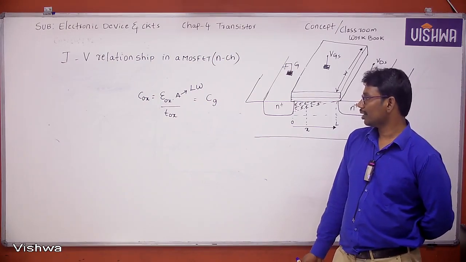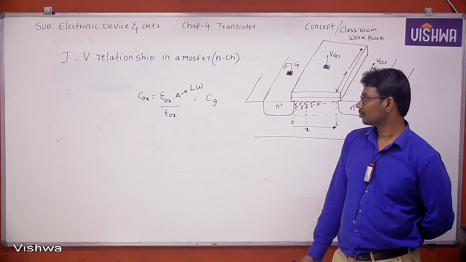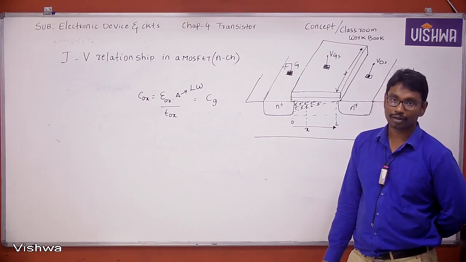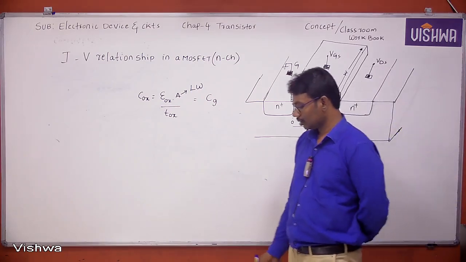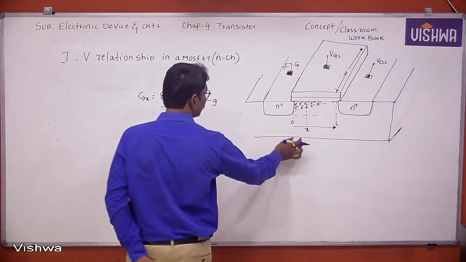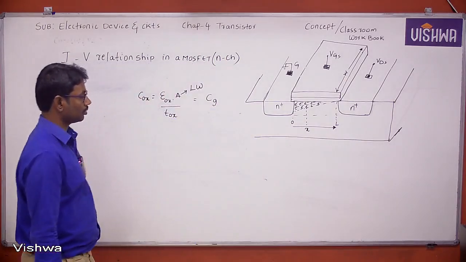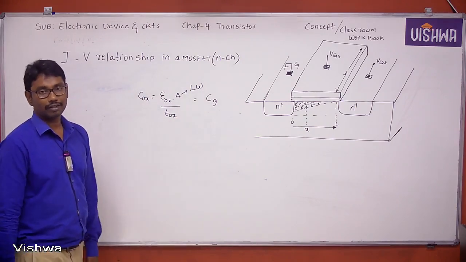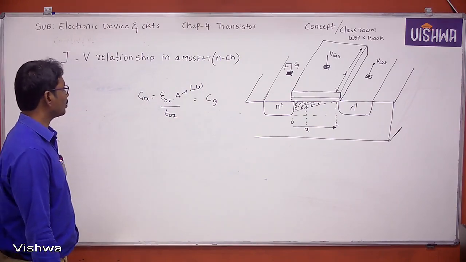Next, epsilon OX is the permittivity of the oxide. Please copy this diagram first. Then only will we understand the IV relationship in a MOSFET.